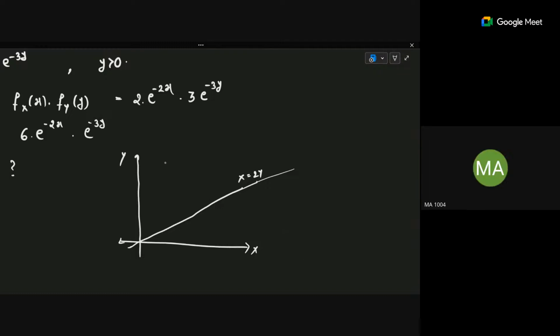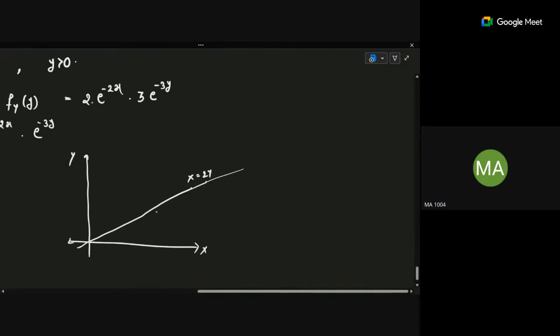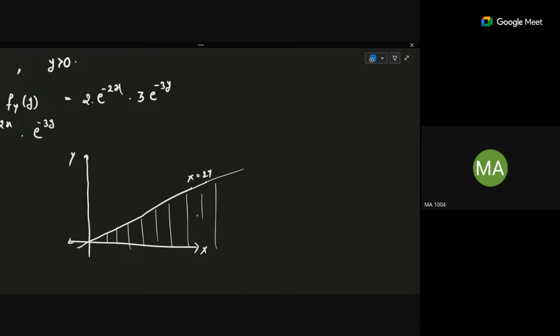That means your e power minus 2x and minus 3y are obviously going to come in this region. So x greater than twice y means this whole region is our required region, and now we are interested in finding the probability of this.